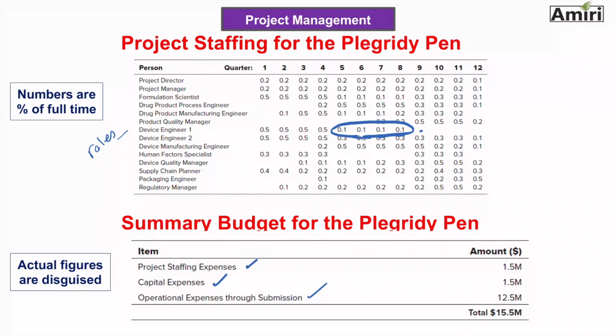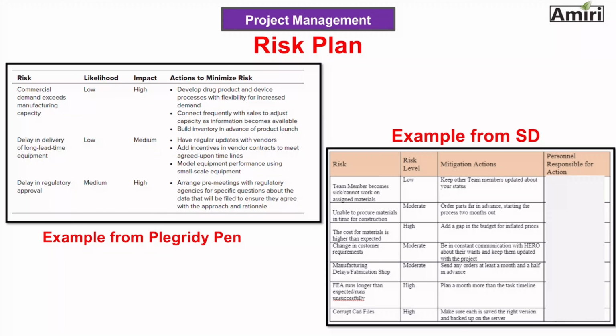And then towards the end, they don't need a device engineer anymore. On the other hand, when you look at some of the people to draft something, at the beginning of the project, there's not much in it. But then as the project progresses, you might need more people in it. So for a larger project with a lot of different roles and functions, project staffing looks like this document.